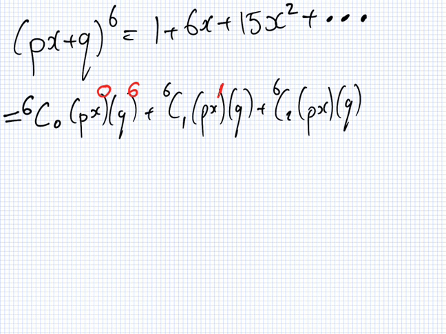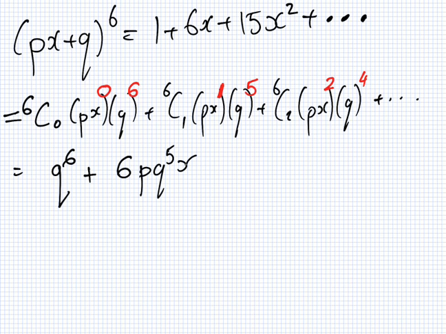That means this is a 1 and a 5, a 2 and a 4, etc. So this is 6C0, that's a 1. Okay, so that's a Q^6 plus 6PQ^5x plus, what's 6C2? It's 15, isn't it? P squared Q^4x squared. Like this.